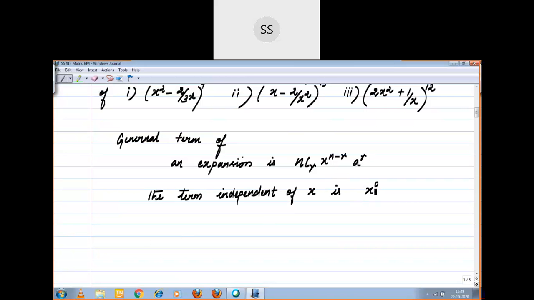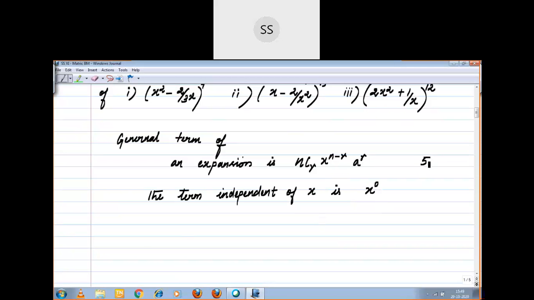If the power of x is 0, that term we call independent of x. For example, 5 is an independent term.